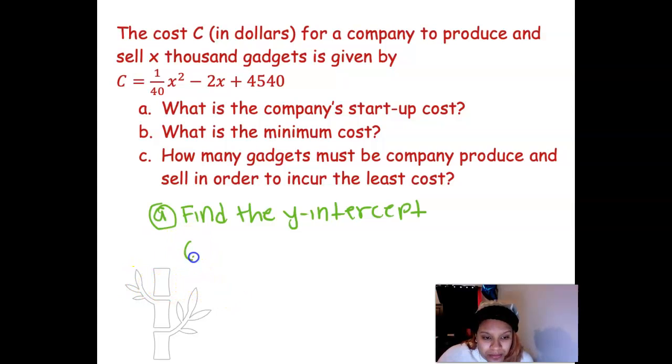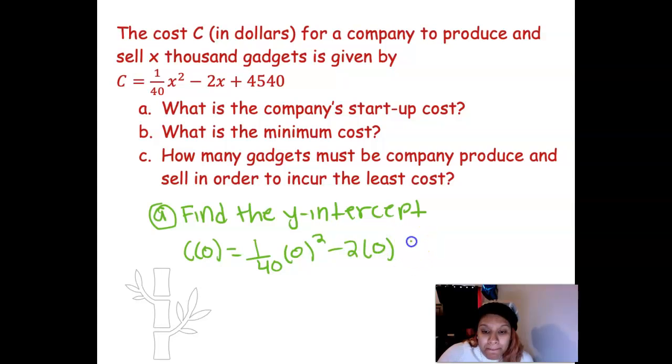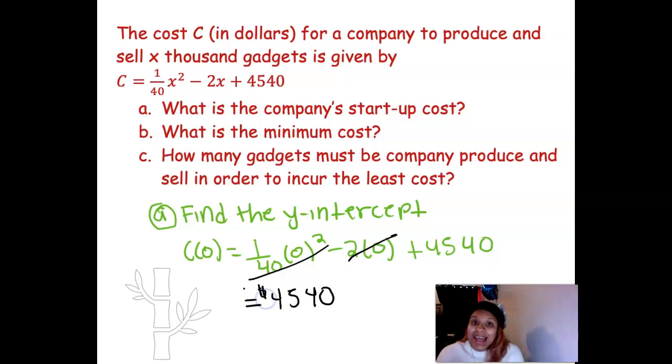So we're going to substitute 0 for x and see what we get for y. 0 squared is 0, times 1 over 40, 0. That's gone. Negative 2 times 0, 0, gone. Startup cost is 4,540. Yay, that was not that bad.